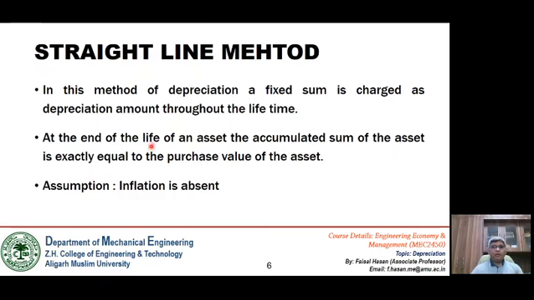At the end of the life of an asset, the accumulated depreciation is exactly equal to the purchase value of the asset less the salvage value. That means if we keep on subtracting the depreciation amount from the first cost, the cost basis or adjusted cost basis, then at the last time period we will get the same value as the salvage value. However, in this case, there is a basic assumption that there is no effect of inflation.